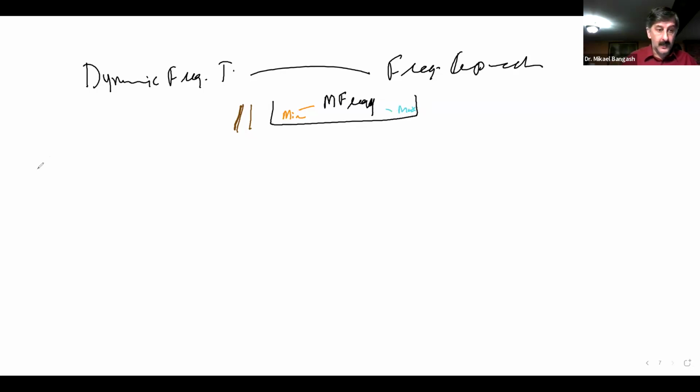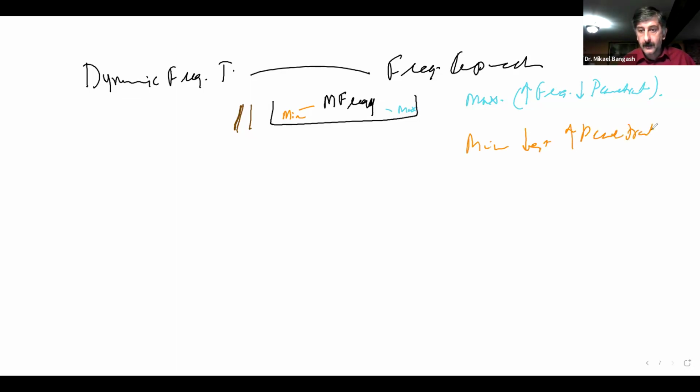Now again, as we know, a maximum frequency, or more correctly a higher frequency, has less penetration. Whereas on the other hand, the minimum frequency, or let's say the lower frequency, will have greater penetration.